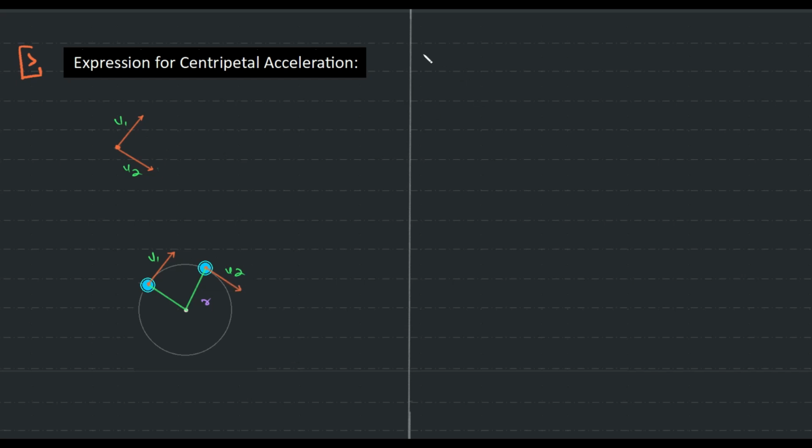Since we are talking about acceleration, it's a good idea to start off with the velocity. We need to have a look at the change in velocity, so v1 to v2. This is from and this is to. So I have copied the vectors and moved them. If you remember from the vector chapter, you can move these vectors in this manner.